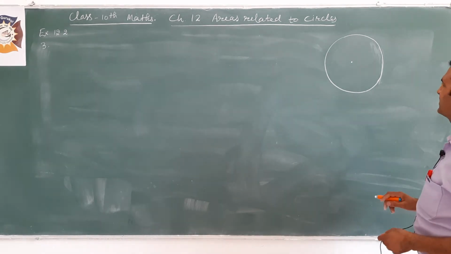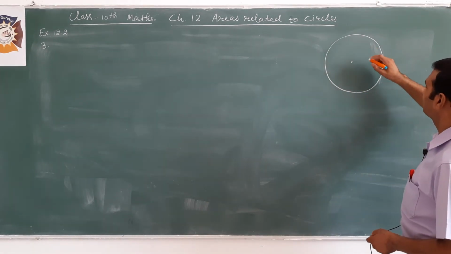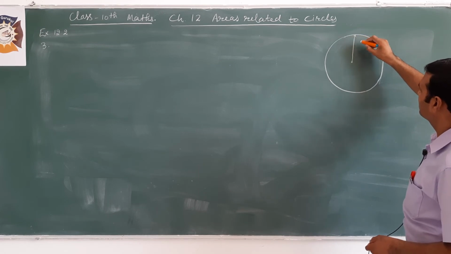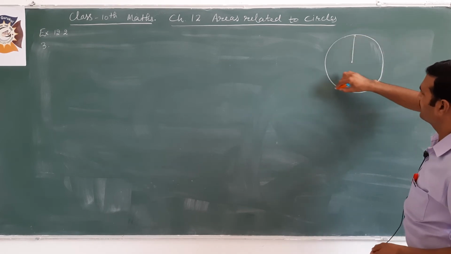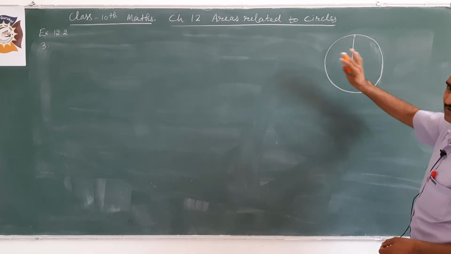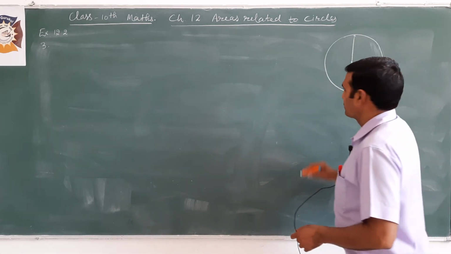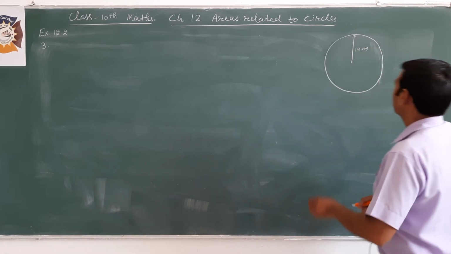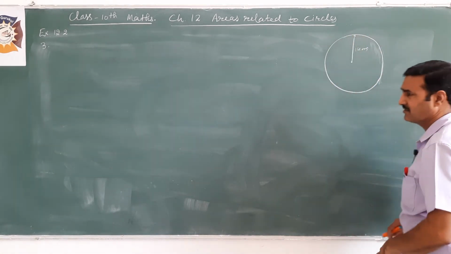Suppose this is the minute hand. In one complete round, the minute hand will complete this circle. So, this is 14 centimeter. So, the radius of the circle is obviously 14 centimeter.